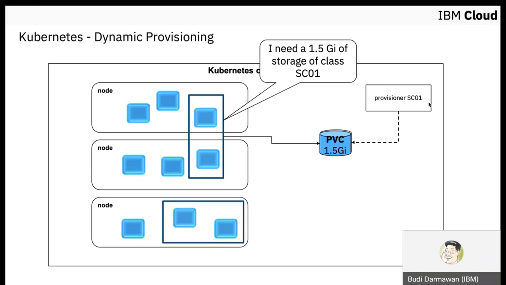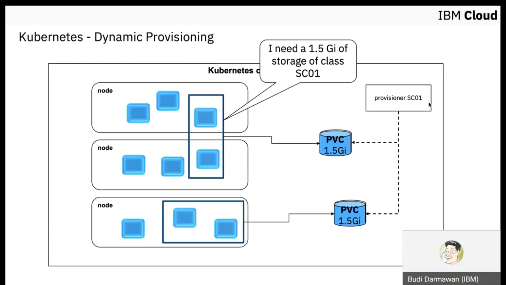So if another deployment needs another 1.5 gig of storage, the provisioner will create the PV, and then the pod will allocate the PVC, claim it and bind it to the pod. So that is where the dynamic provisioning concept starts.